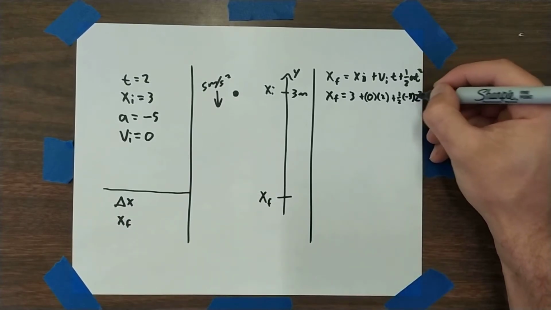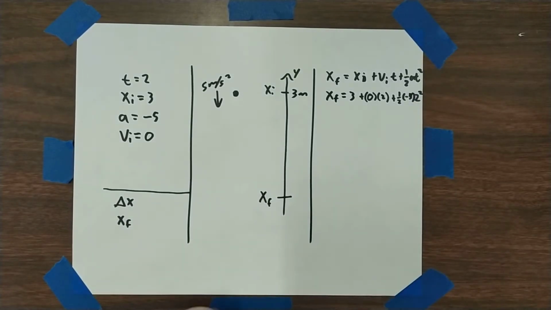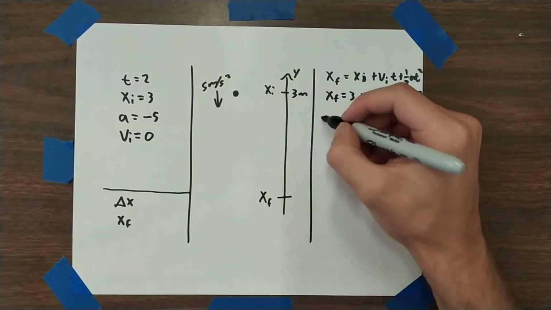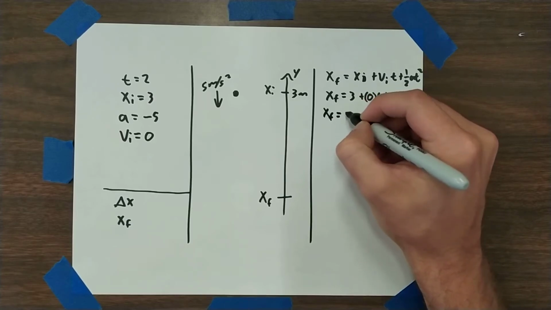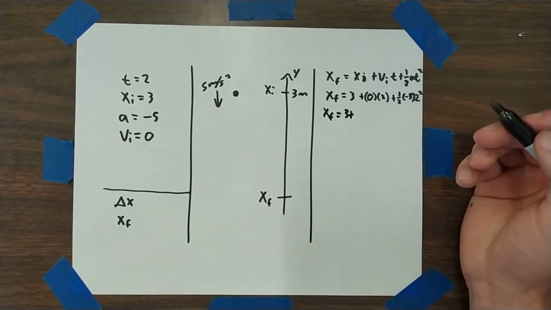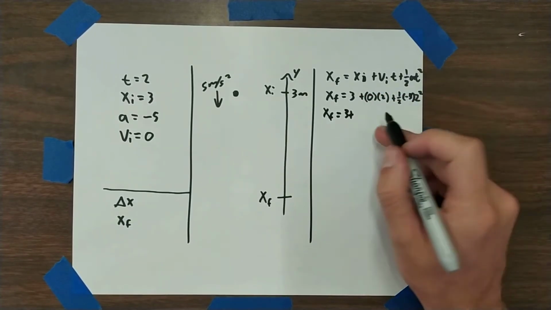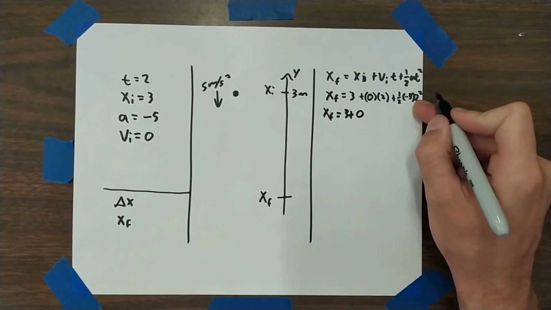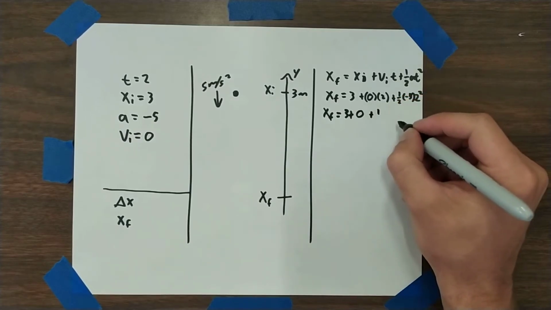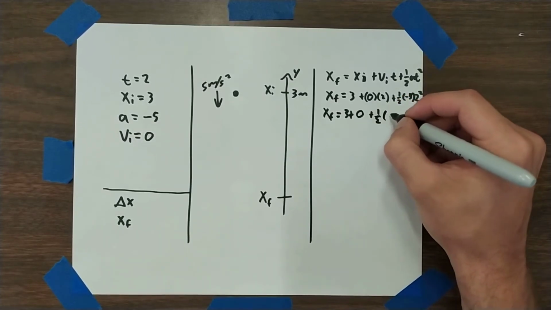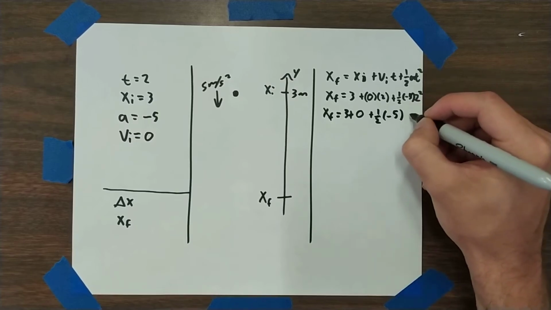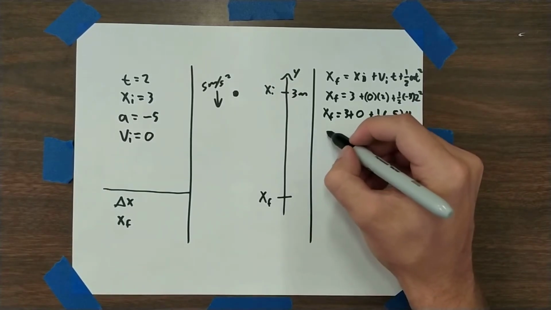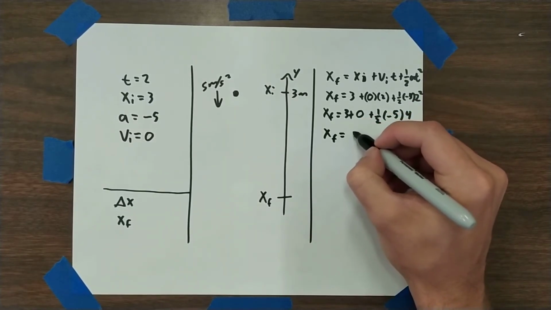That's a negative 5 right there. It's kind of hard to see. Next, I'll just simplify this. So x final stays as it is, equals 3 plus 0 times 2 is just 0. And then 2 squared is going to be 4, so that's 1/2 times negative 5 times 4.